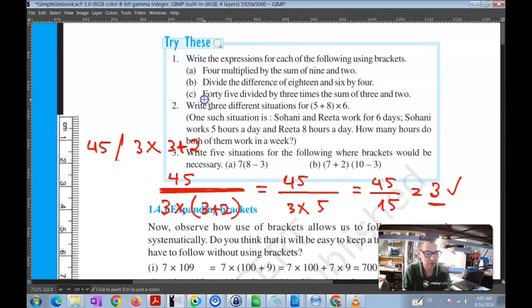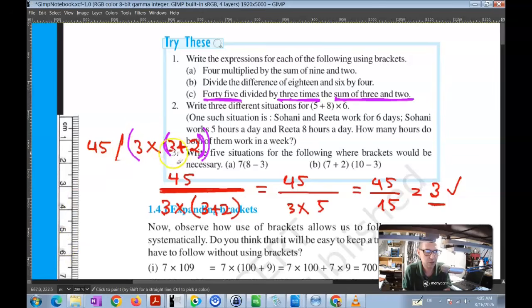So it says 45 divided by, so the 45 is going to be divided by this whole thing, whatever that is. So this whole thing has to go into a bracket. And over here, this part, we are saying 3 times the sum of 3 and 2. So that means this 3 is supposed to be multiplied by this whole sum, so I put this sum in a pair of brackets.